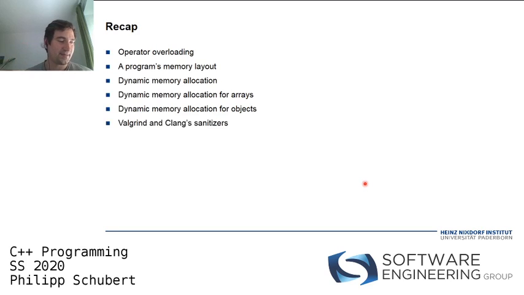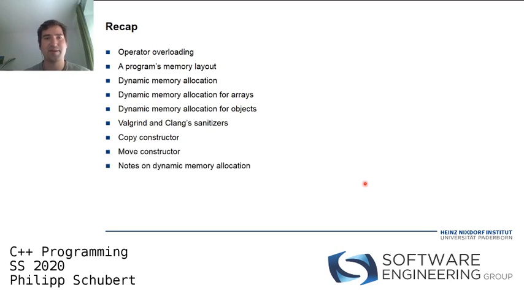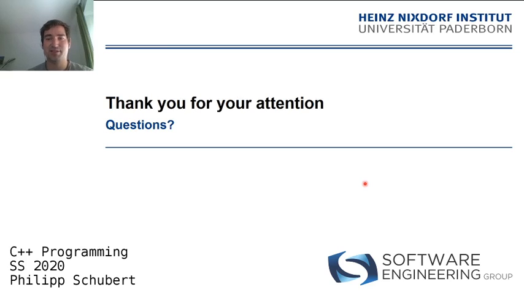We also talked about Valgrind and the Clang address sanitizer, and there are also more sanitizers that Clang provides, so please just go to Google and search for Clang sanitizers, and then you can find all kinds of useful sanitizers that you can apply to your program to improve it. We talked about the copy and move constructor in the context of dynamic memory allocation, and at the very end some notes and hints on dynamic memory allocation, so when to use what. And that is pretty much it for today.